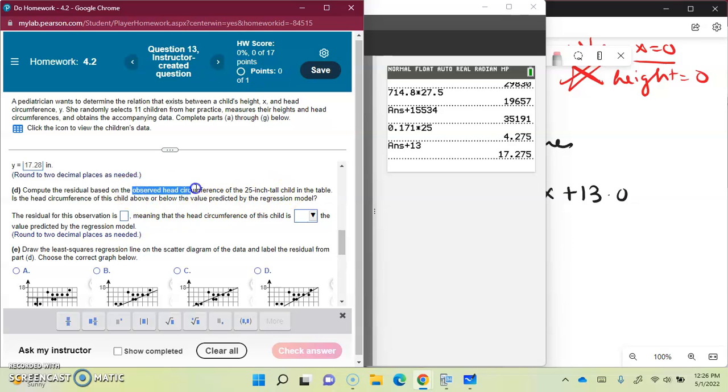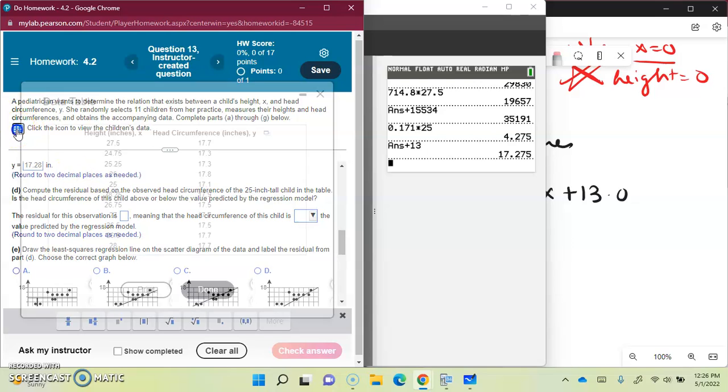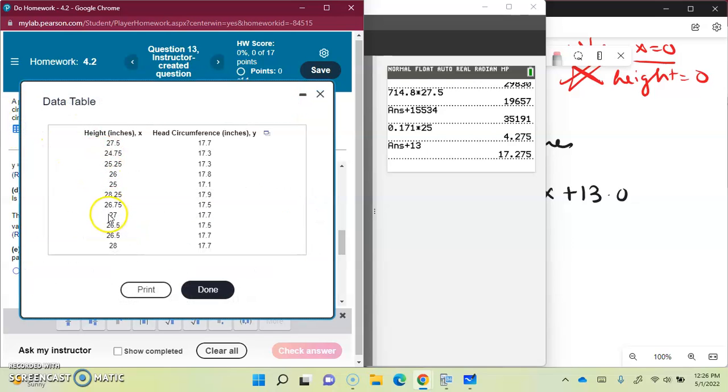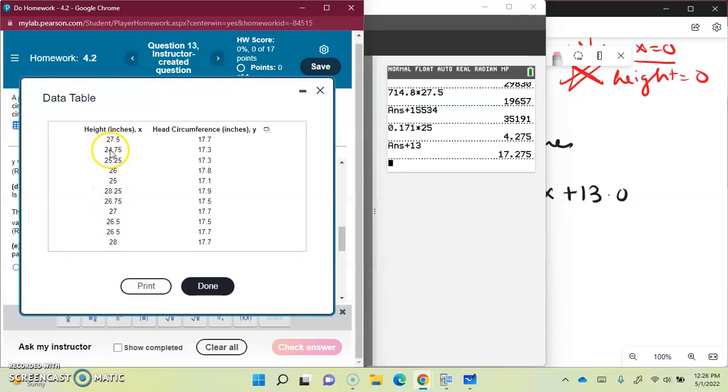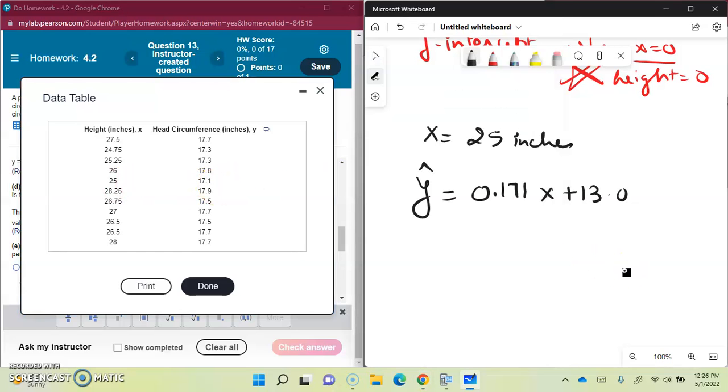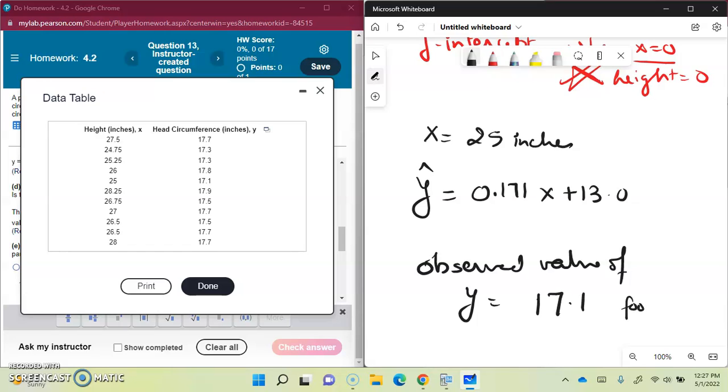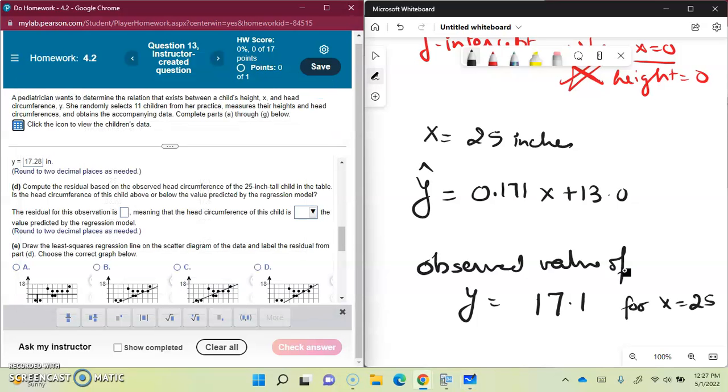Okay, compute the residual based on the observed head circumference of the 25 inch tall child. Now, what does the observed head circumference of a 25 inch tall kid mean? You need to look it up in the table. In the table, for 25 inches height, it is 17.1. So the observed value of y is 17.1 for x equal to 25. So you need to find the residual.